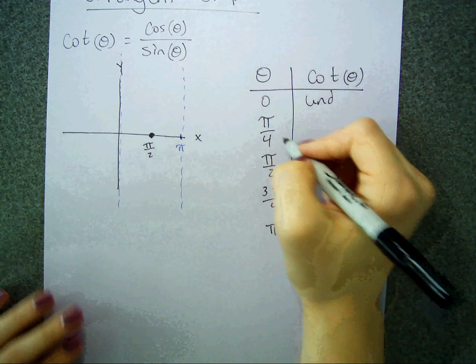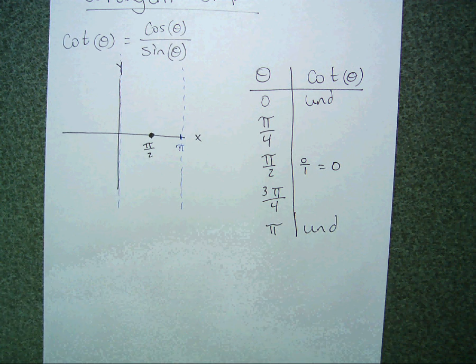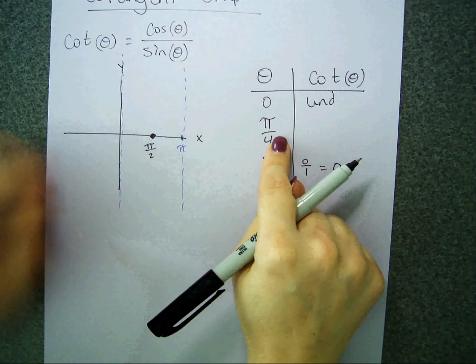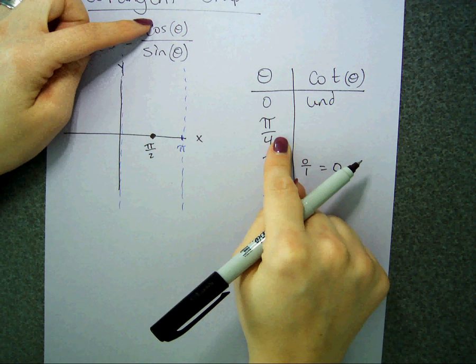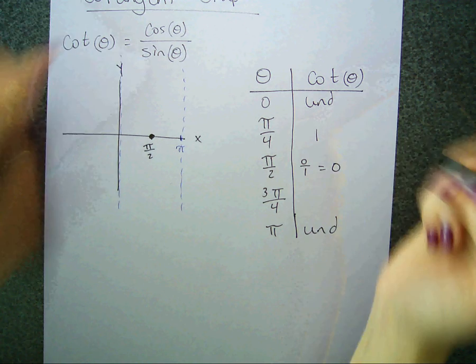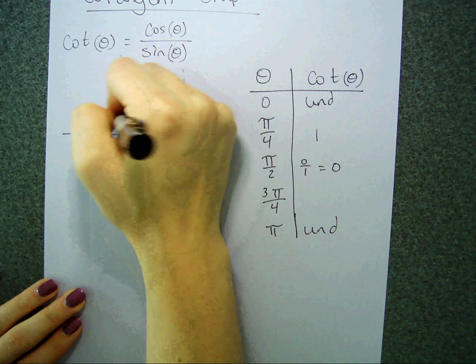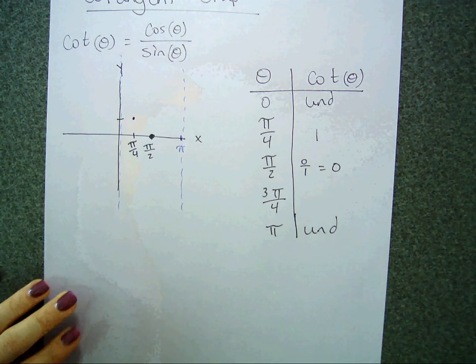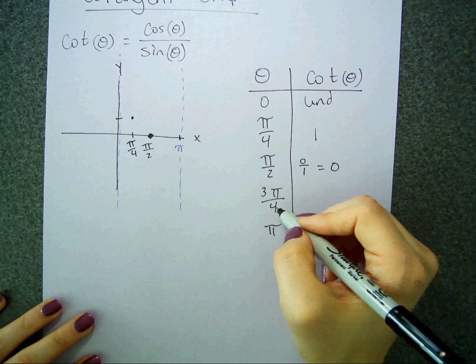Pi over 4, we're on my unit circle, cosine and sine. Pi over 4 is in the first quadrant, so cosine and sine have the same value. So the square root of 2 over 2 divided by the square root of 2 over 2 just gives me 1. So at pi over 4, I am at 1. And at 3 pi over 4, this is in the second quadrant, so my cosine is negative.